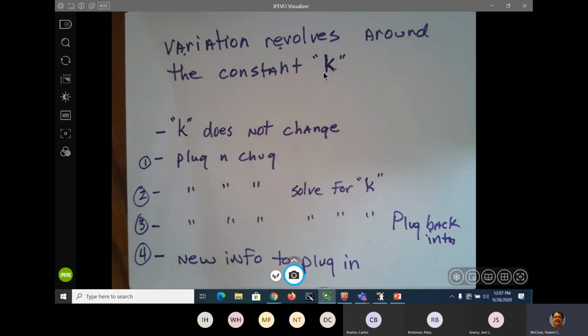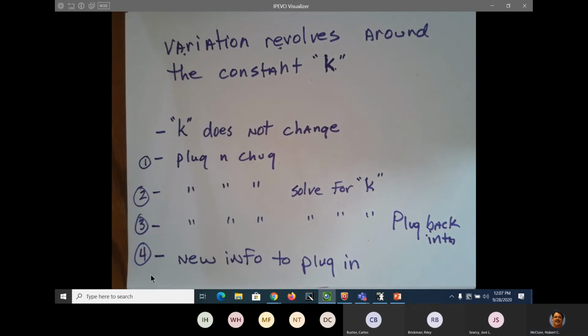I'm going to show you an example of one on the slides. Well, before we do that, let's go over the 3 types of equations we're going to use. There are three types of equations for this section. One's called direct, one's called inverse, and one's called joint.